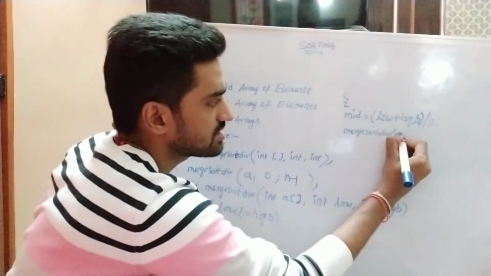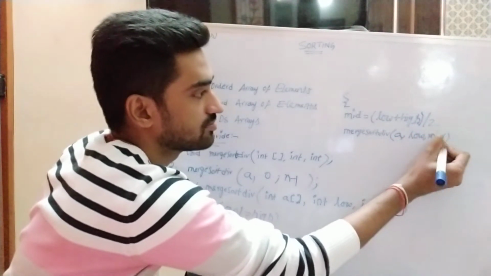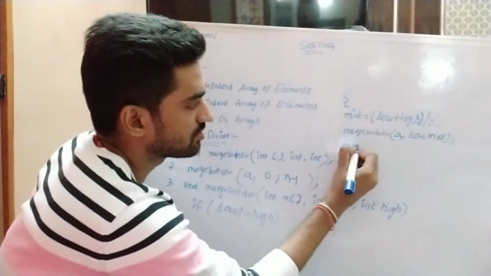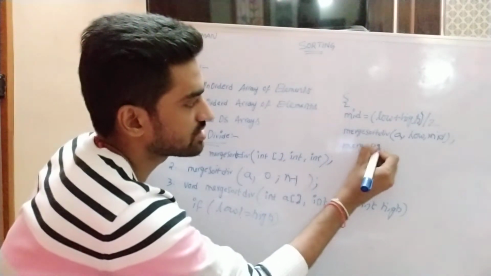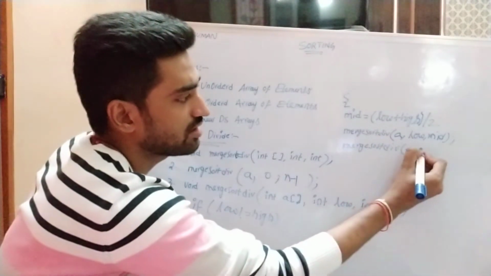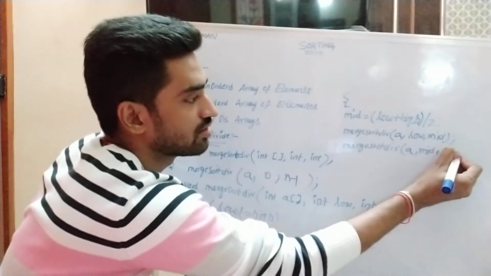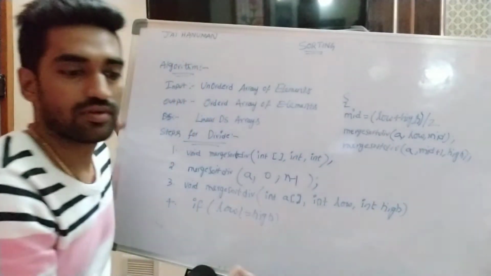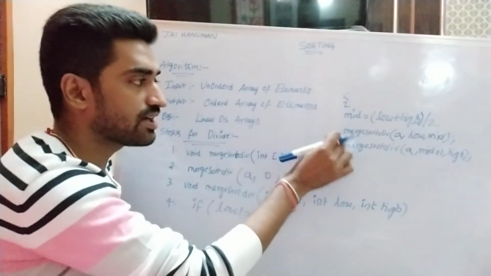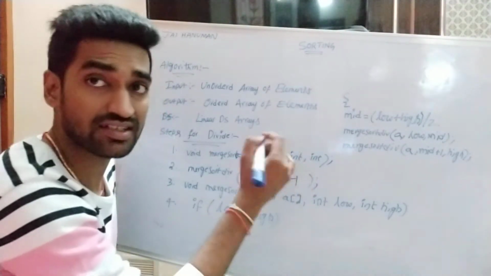Which contains array A, low, mid. For the right subarray, mergesort division A, mid plus 1, high, right?